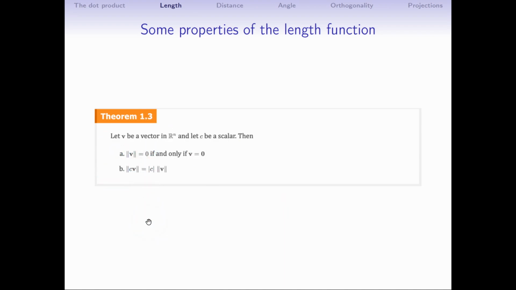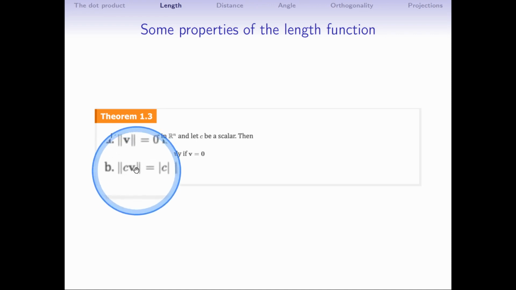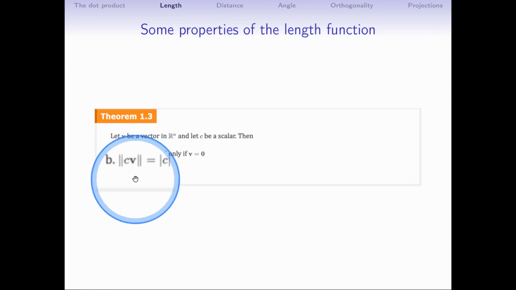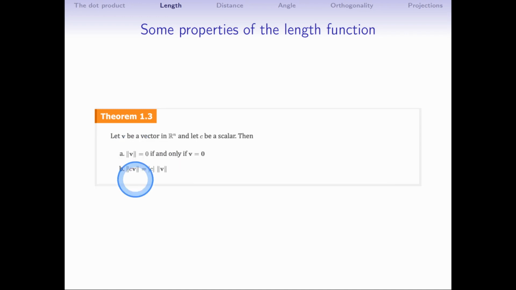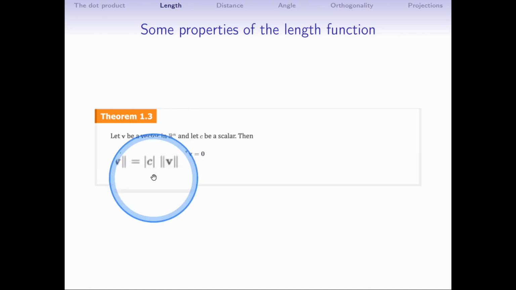All right, the second property says something interesting. It says, suppose that I scale a vector by c and then compute the length of that resulting scaled vector. This result says that that's the same as computing the length of the vector and then multiplying that by the absolute value of the scaling quantity.